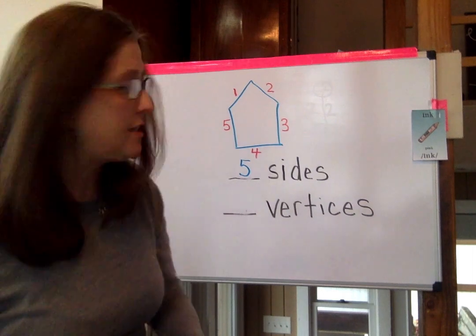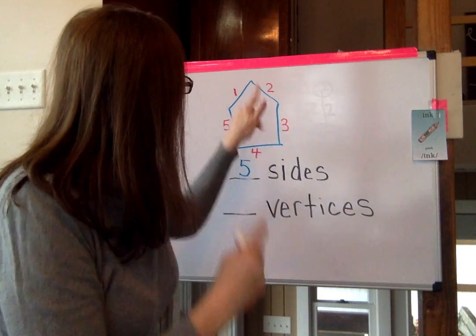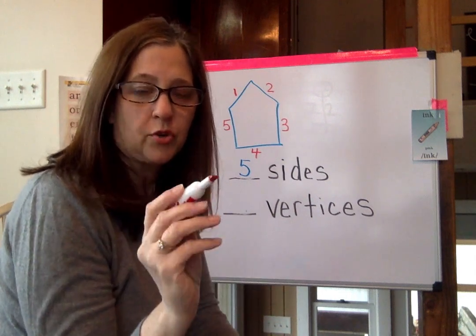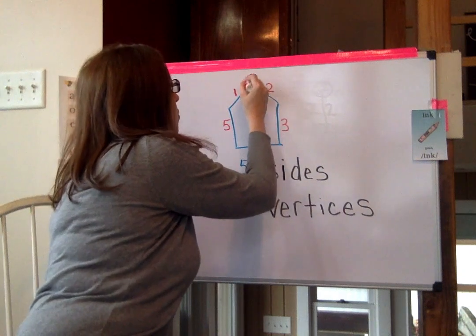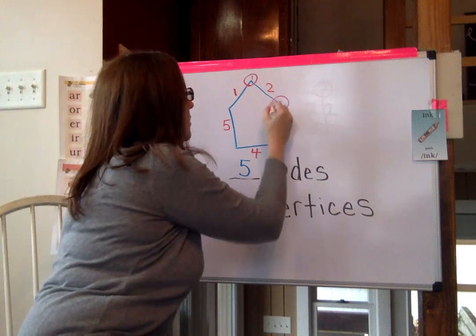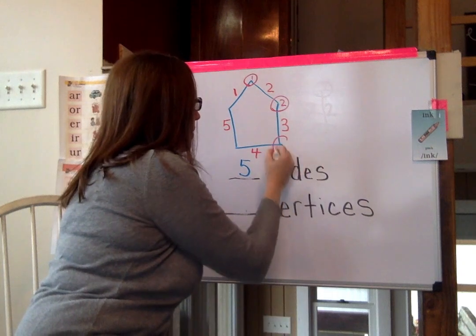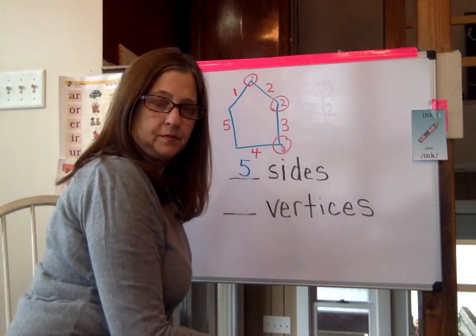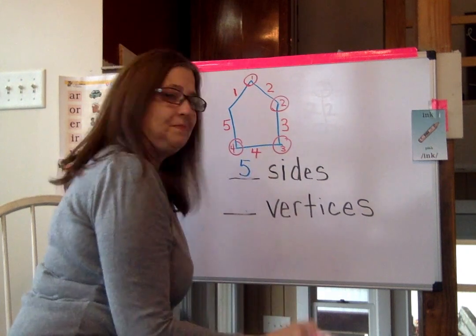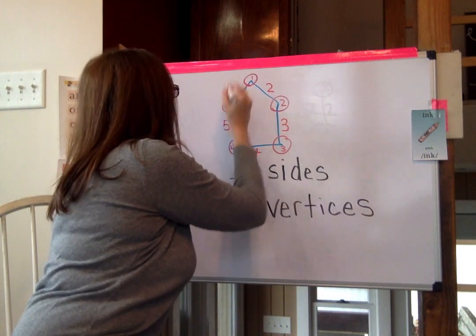All right, let's count the vertices, okay? Remember, a vertice is 2 sides that come together to make a point, okay? So we're going to show the vertices by drawing circles on them. Here we go. Are we ready? 1, 2, 3, 4, and 5.